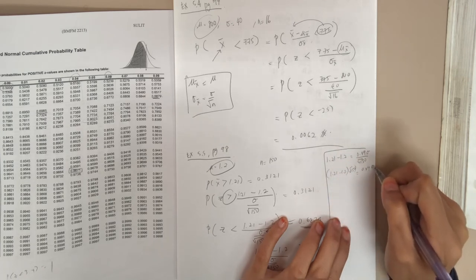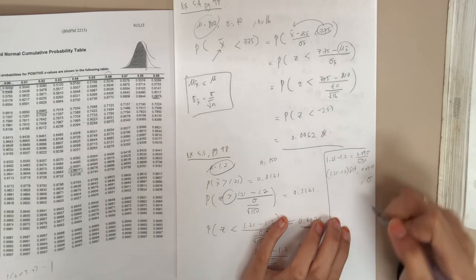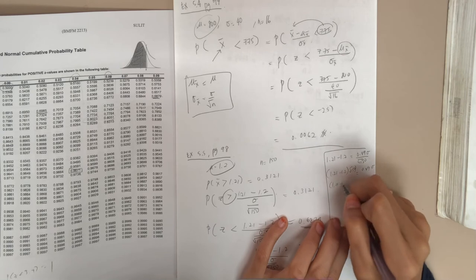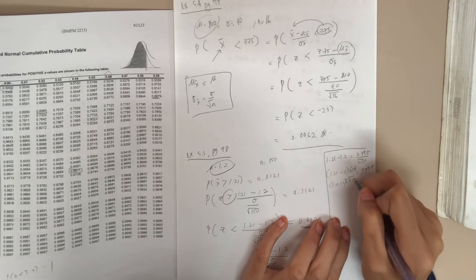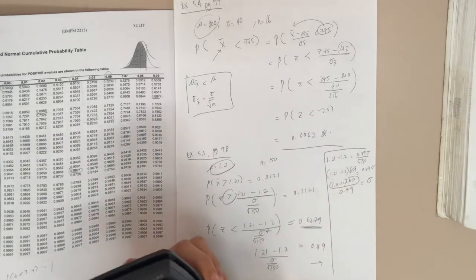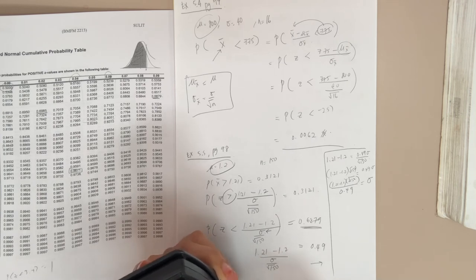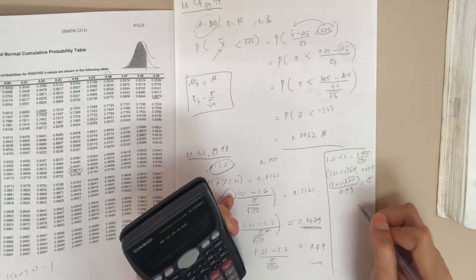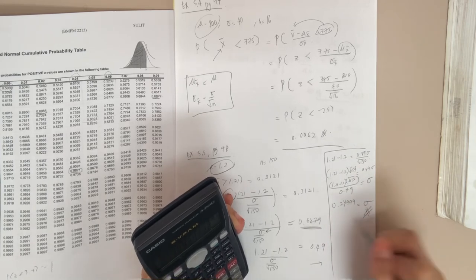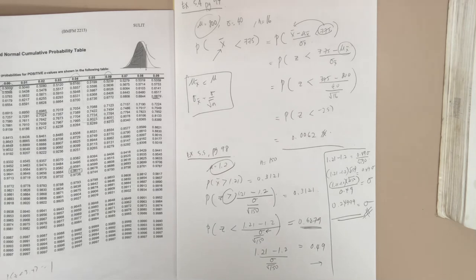Then I just want the value for sigma here, so I will bring 0.49 down here, and then I will get sigma. You can calculate it by yourself. Over 0.49, so the answer will be 0.2499, class. So this is the answer.